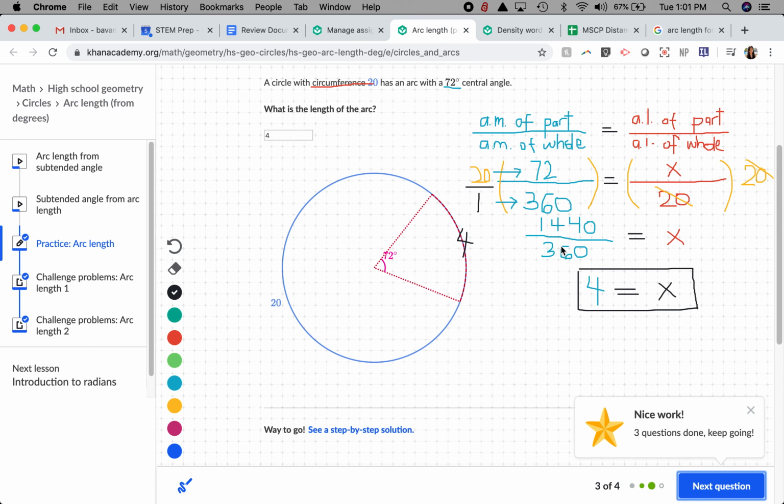In most cases in class, I will accept both. However, for Khan Academy, they want you to keep your answers in fractions. So just keep that in mind in the case that x becomes something that is not completely divisible without a remainder. So just keep your answer as a fraction, put it in lowest terms instead. That's it.